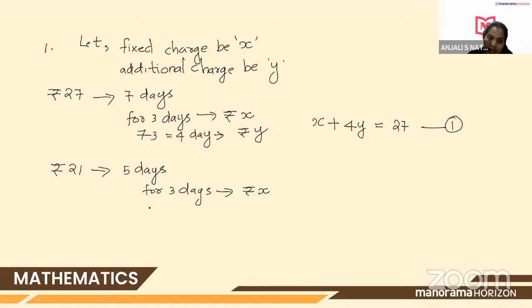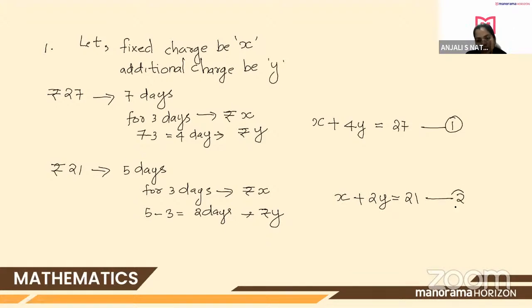And after those 3 days, that is 5 minus 3, which is 2 days, she has to pay rupees y. So the equation is x plus 2y is equal to 21. That is equation 2. So we get 2 equations.